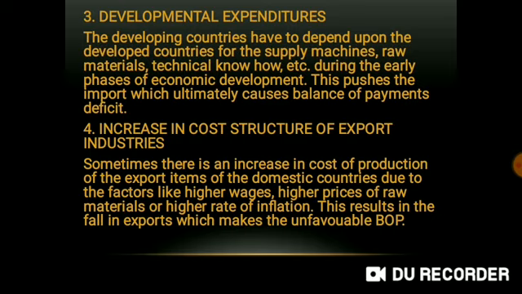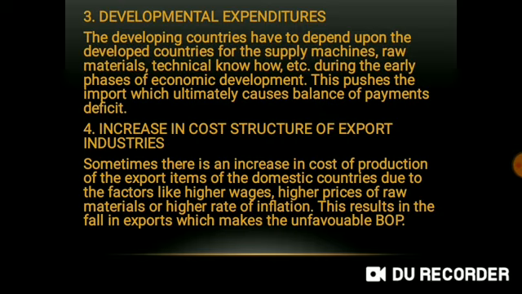The fourth cause is increase in the cost structure of export industries. So, this simply means that if there is an increase in the cost of production of export industries, then also the country will have adverse balance of payment. Okay, so there might be an increase in the cost of production of export items for the country due to many reasons, and the reasons might be increase in wages or increase in the prices of raw material, or it might also be inflation.